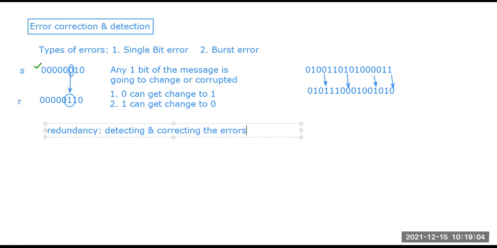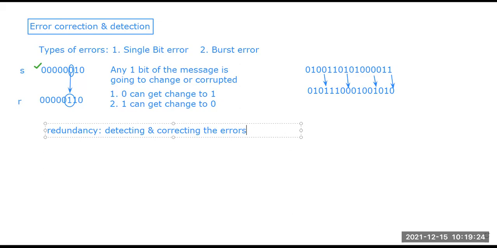Those bits are known as the redundant bits, and these extra redundant bits actually help us to find the data error and then correct it, to detect the error and then correct the error. We call them redundant bits.